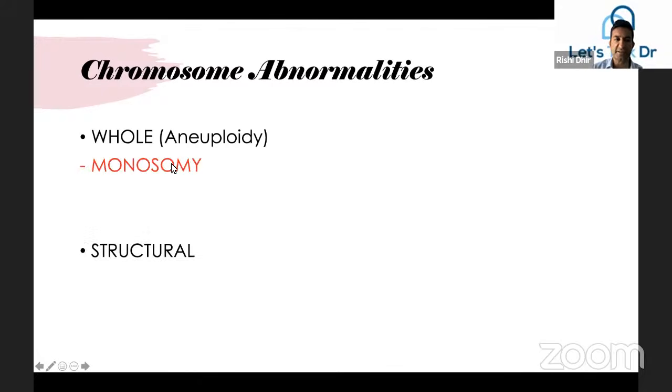There are two types that you see. Monosomy is where you lose a chromosome, and it's only survivable if you lose an X chromosome rather than one of the body chromosomes, the autosomes. An example of that would be XO, called Turner's syndrome.